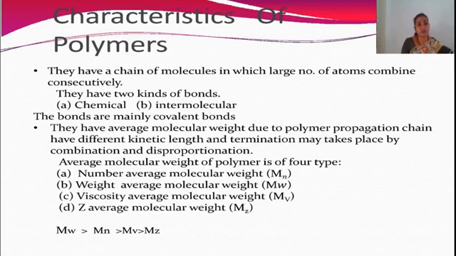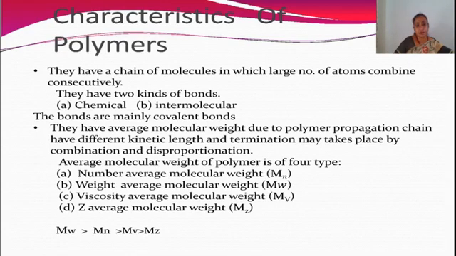Second one is they have average molecular weight. Due to polymer propagation, chains have a different kinetic length, and termination may take place by combination and disproportionation, and in this case we obtain the polymer having average molecular weight of four types.